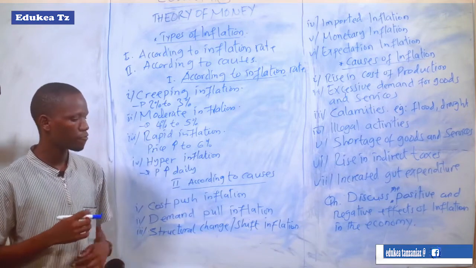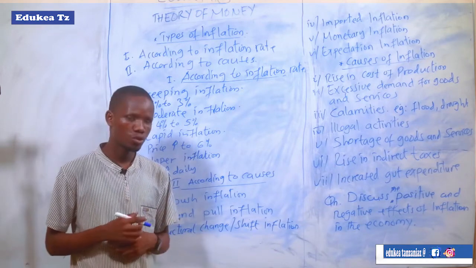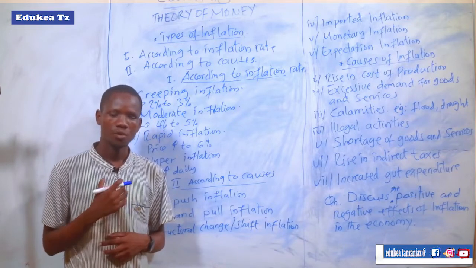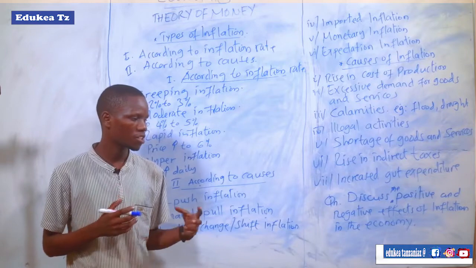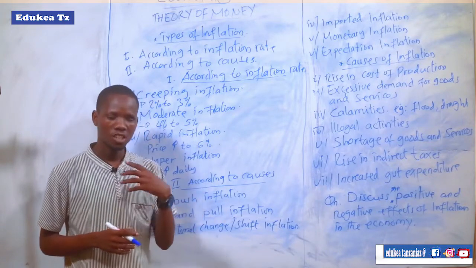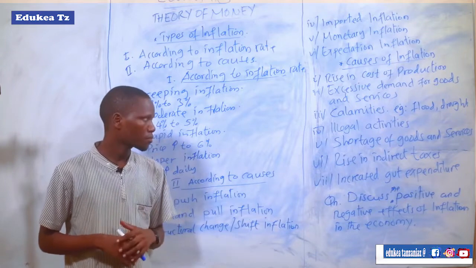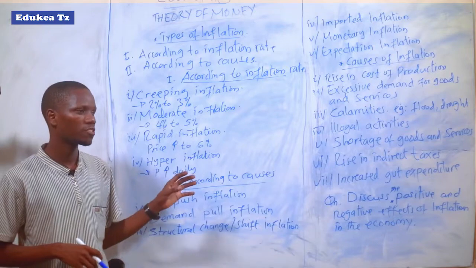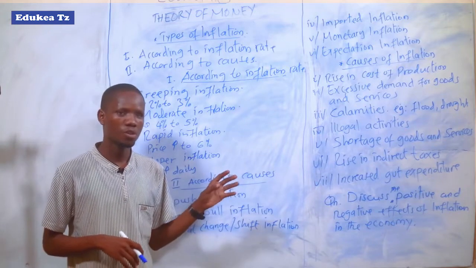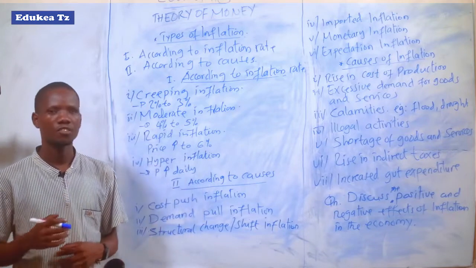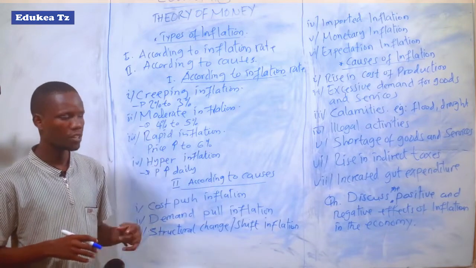So this type of inflation leads to the loss of confidence of the people and other companies which are producing certain goods and services, because when inflation is taking place, it discourages producers. When the price of commodities and services is high, people will reduce the demand for such goods and services because of the price.